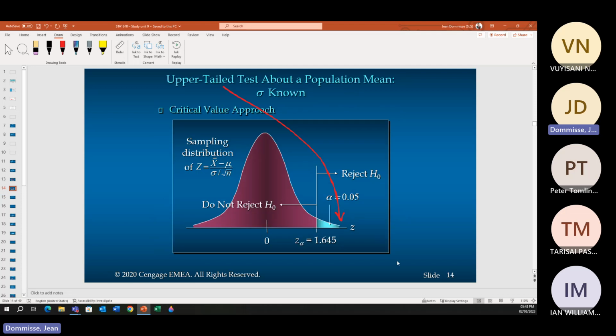And if we had the two tails, it will basically mean that it is on both sides. And the two tail is exactly what we normally did with confidence intervals.